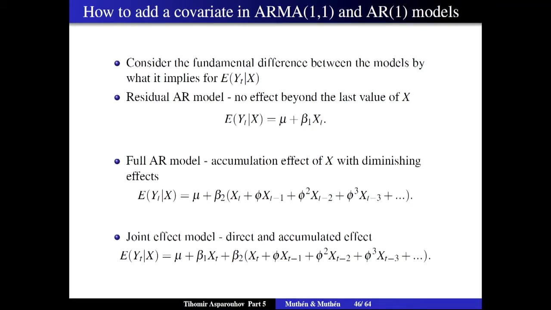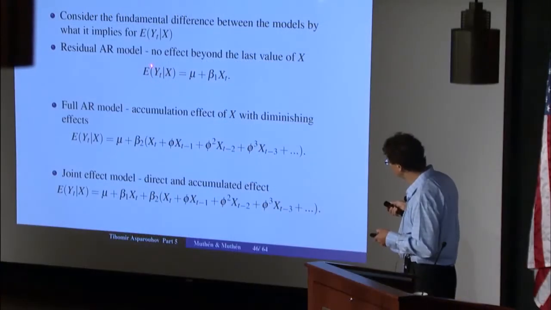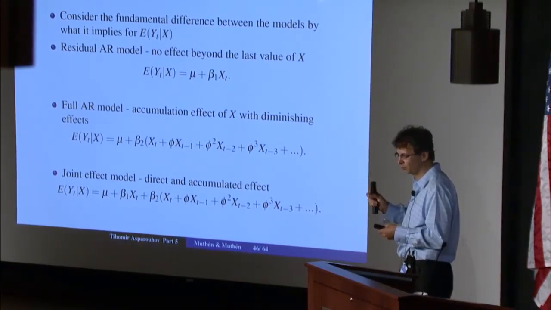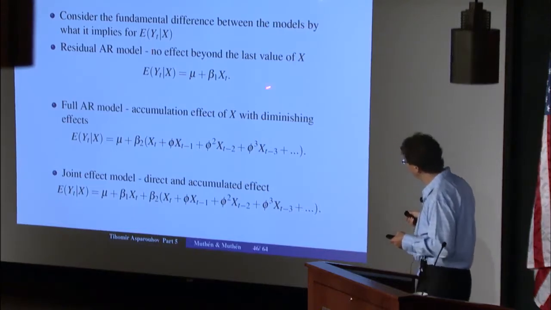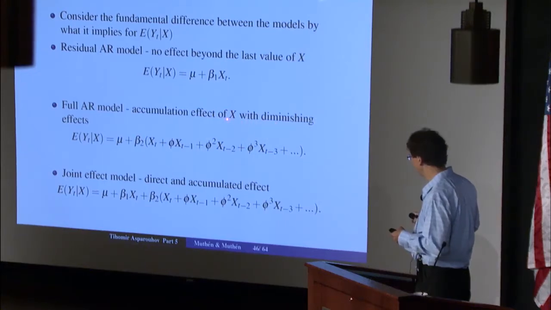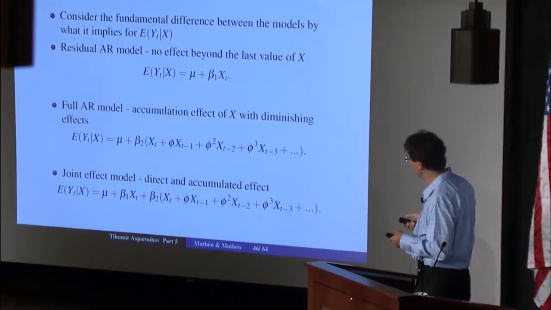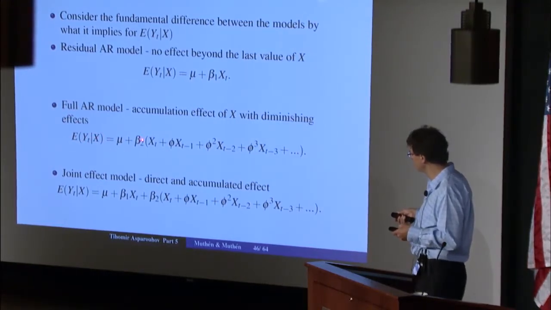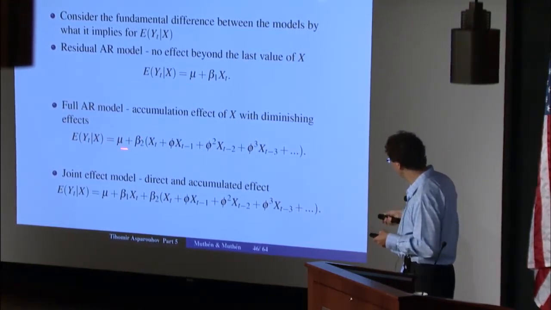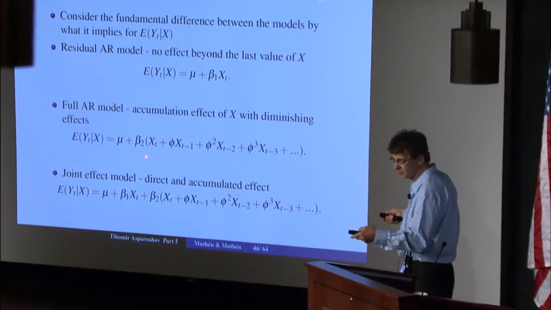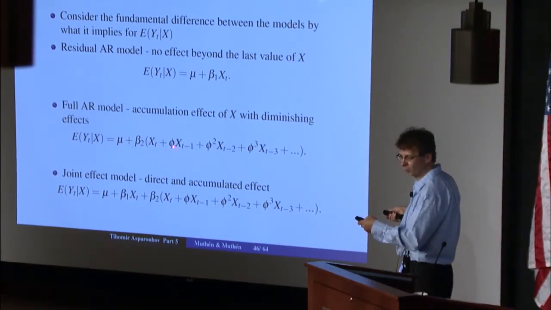But you can notice here that the conditional expectation is affected only by the covariate at the current period. That does not happen for the full AR1 model, where you have an accumulation effect of these covariates. The conditional expectation of the dependent variable given the covariate is this infinite sum, and it shows that not just the covariate at the current period affects your value, but also the previous period.